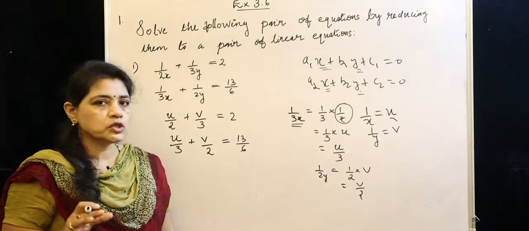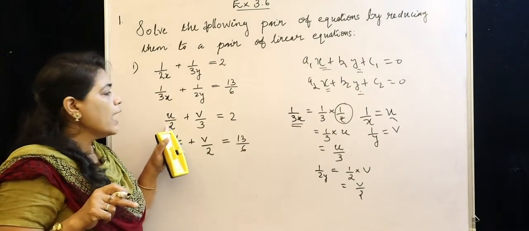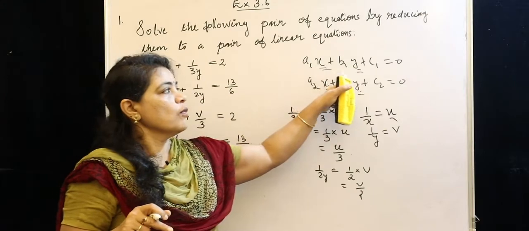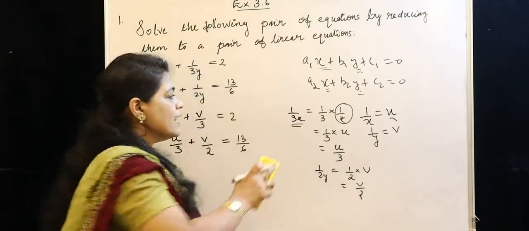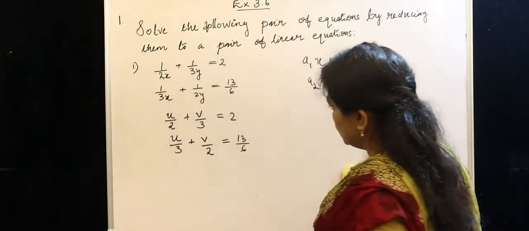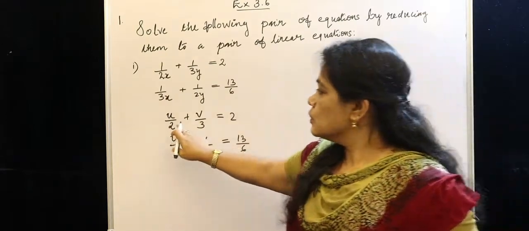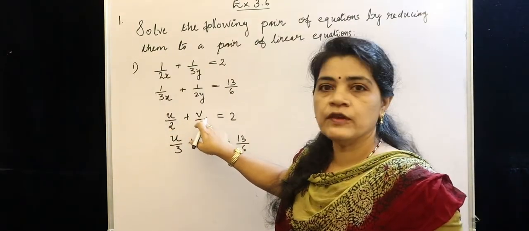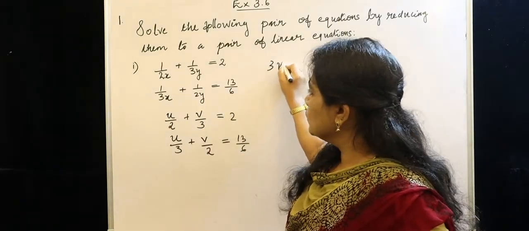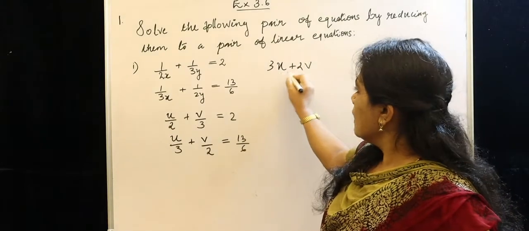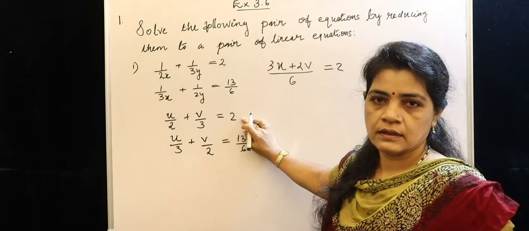Now as usual, see children, here you can take cross multiplication and reduce this into the form of the general equation of a pair of linear equations in two variables. That is the next step. So I am going to cross multiply. See children, u by 2 plus v by 3, so 3u plus 2v by 6 equal to 2. First equation.